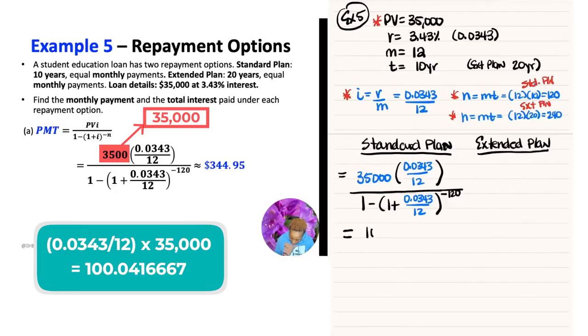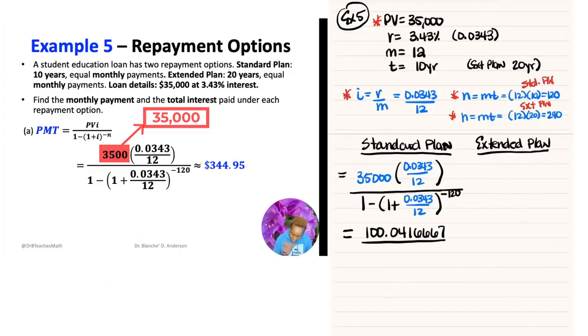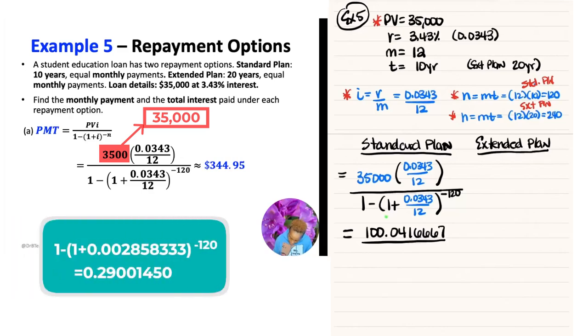Yeah, I just typed it wrong. 0.041667. And then I'm going to do the denominator. When I put it in my calculator, I'm going to do this first. Then I'm going to raise it to the negative 120, and then I'm going to take 1 minus all of that, okay? So I'm going to do 0.0343 divided by 12.